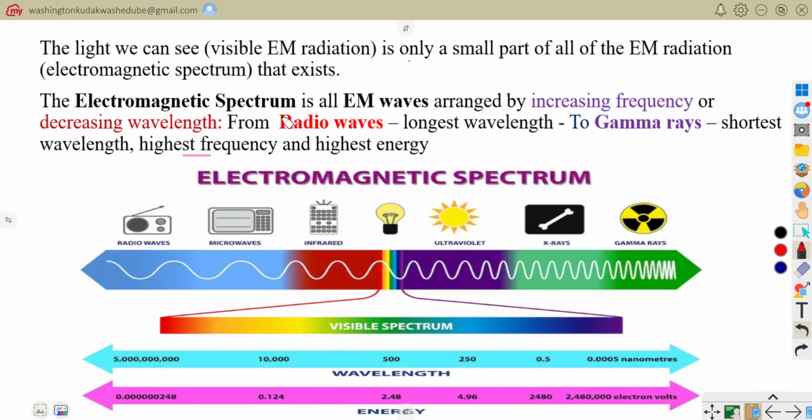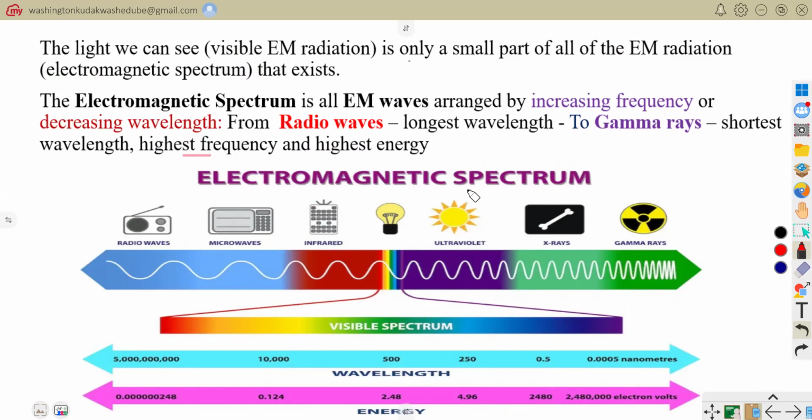The full electromagnetic radiation is what we refer to as the electromagnetic spectrum, which is an arrangement of electromagnetic waves from the highest frequency to the lowest frequency, or else from the longest wavelength to the shortest wavelength. So this is what we refer to as the electromagnetic spectrum.